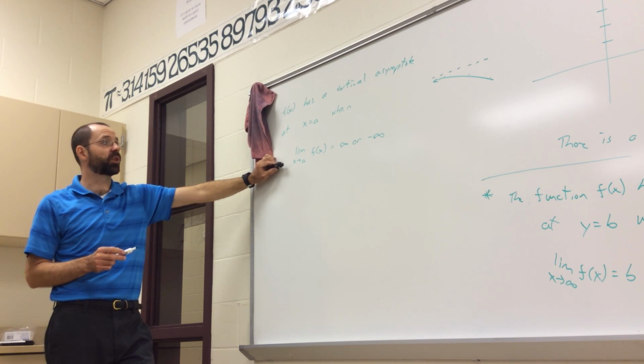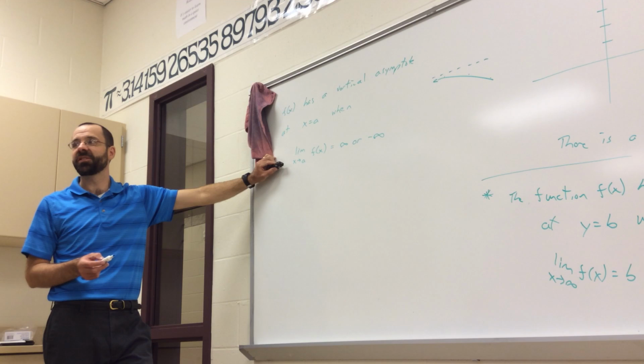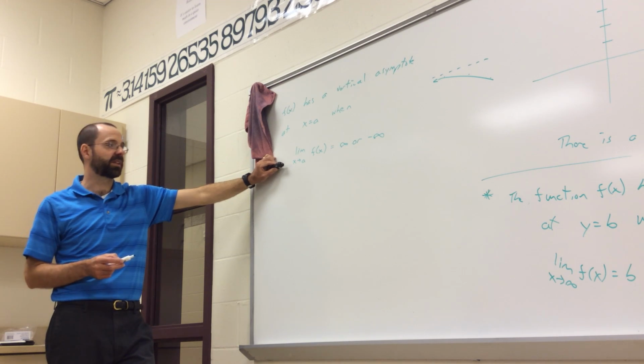F of x has a vertical asymptote at x equals a when the limit as x goes to a of f of x is either positive infinity, bless you, or negative infinity.